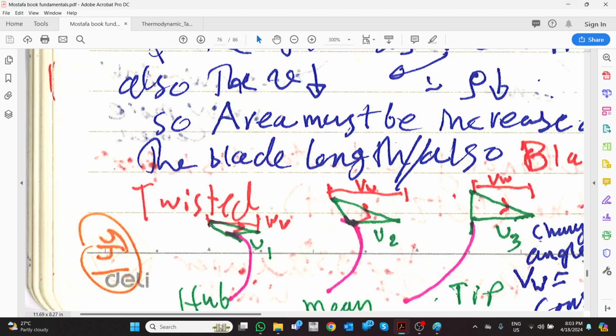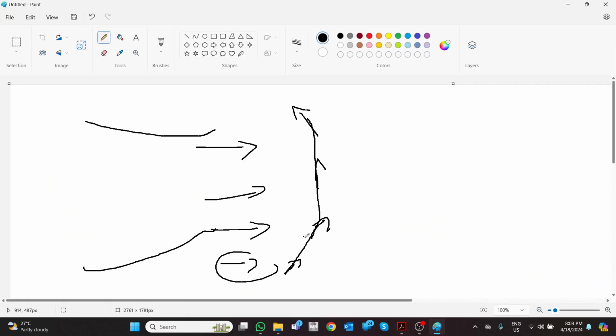What's the problem? So let's study it, please. At the hub, at the mean, at the tip. At the hub, it should be twisted. Why? Because the inlet, when it goes here, it will rotate, by the way. This one is rotated like this, out of the page to enter the page.